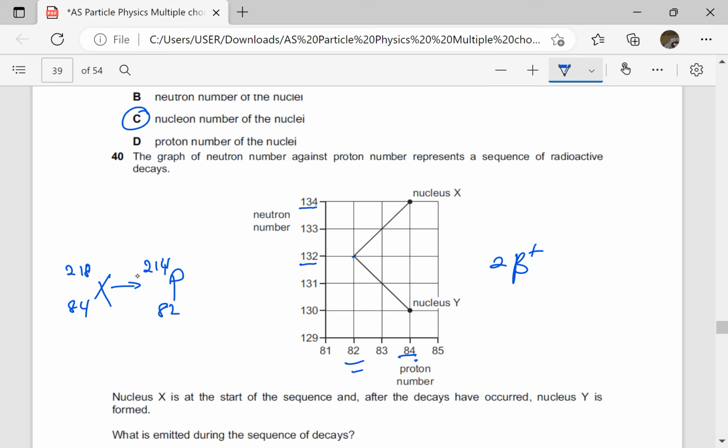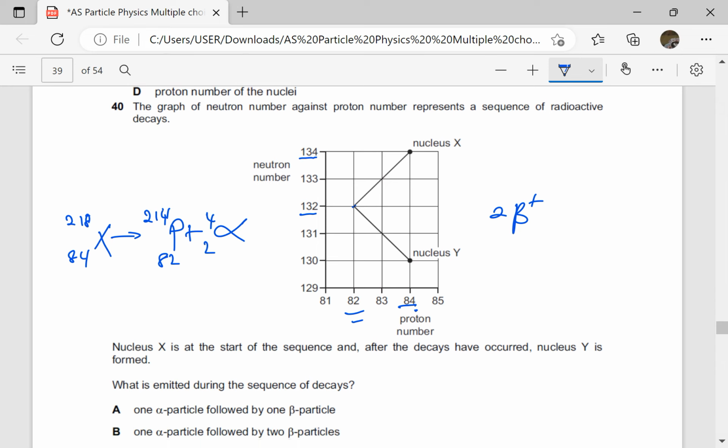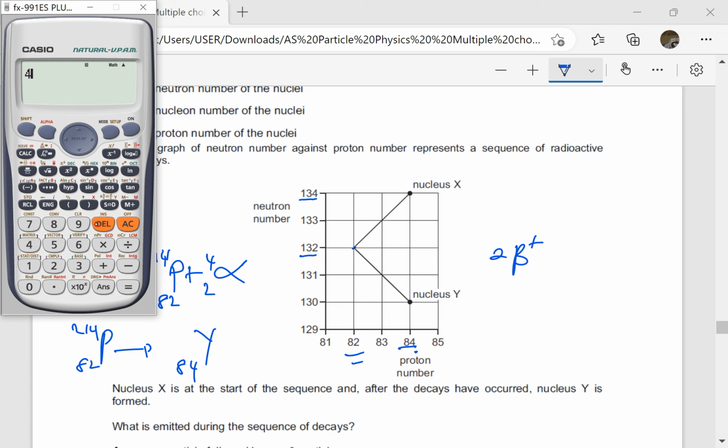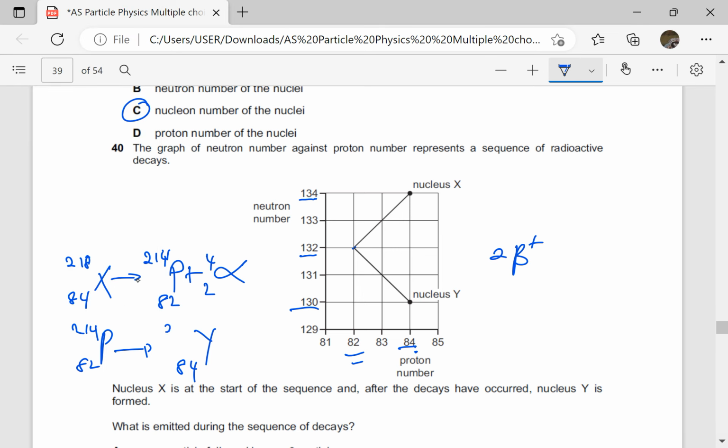So this must be an alpha particle, alpha 4 2. So it has decayed by emission of alpha. Then P, which is 82, 214, is now giving us Y, whose proton number is 84 and nucleon number is 84 plus 130, which is 214.